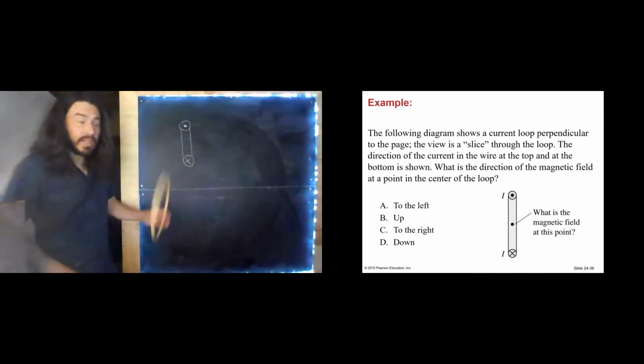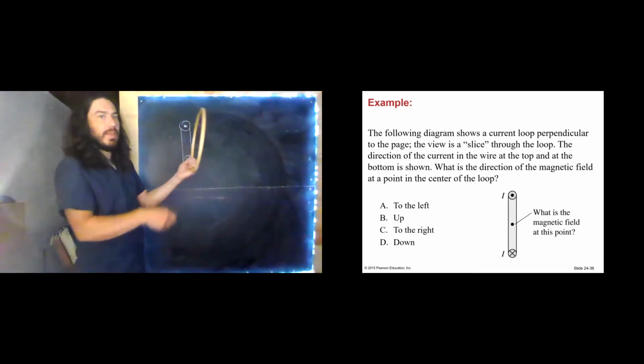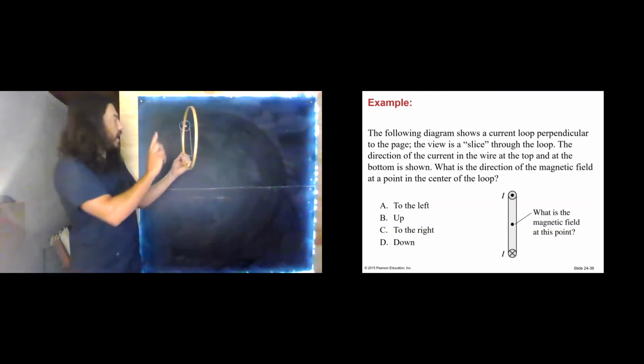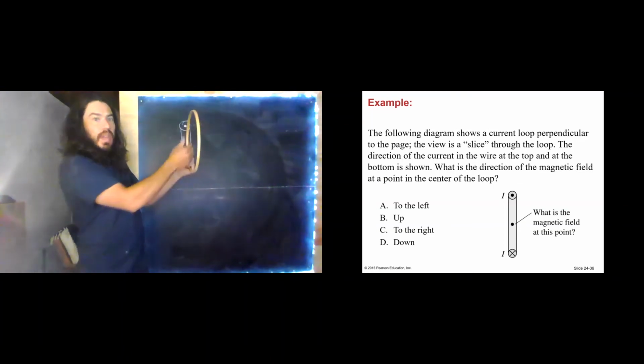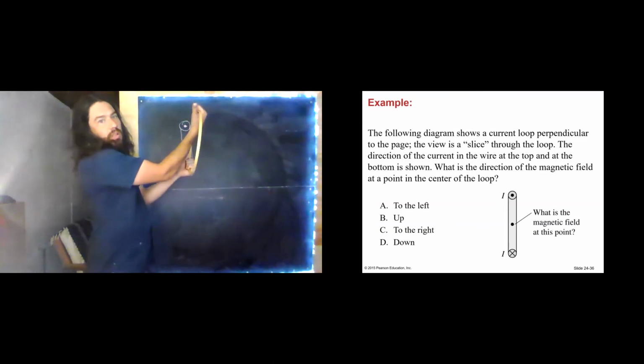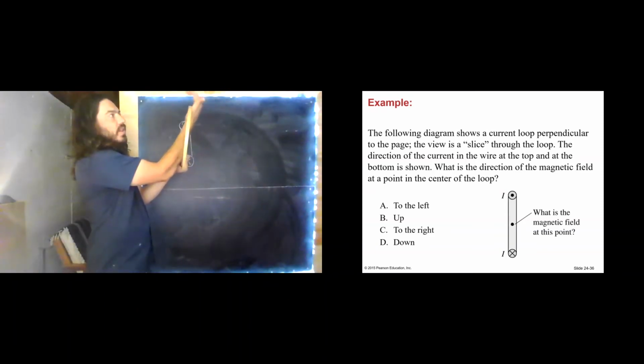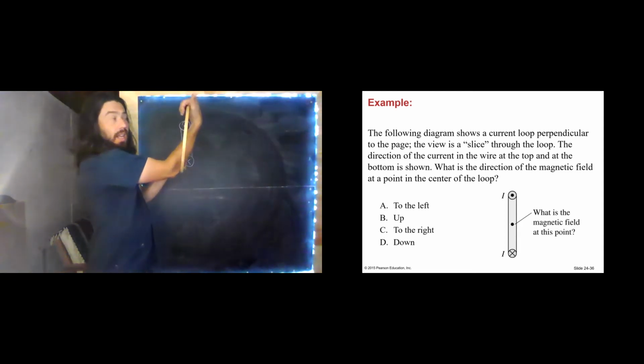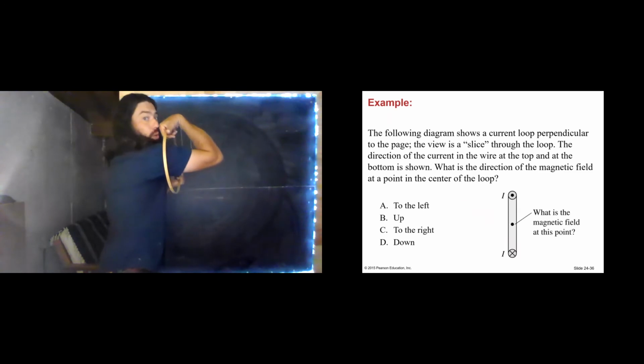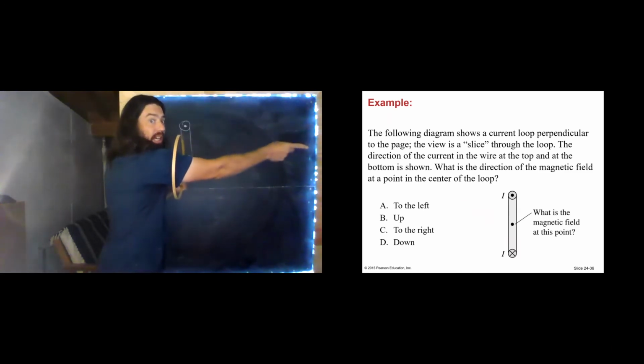All right, so here's my loop. I've got my current coming out of the board on top and into the board on the bottom. Out of the board on top looks like this, right? And so out of the board on top means that the field is going towards me outside the loop, but inside the loop, it's going in that direction.